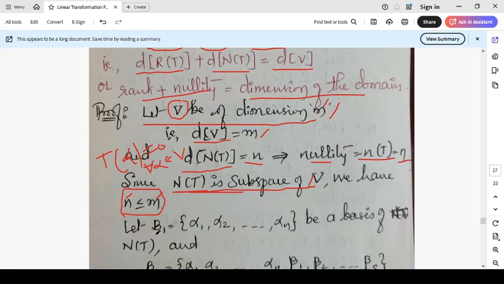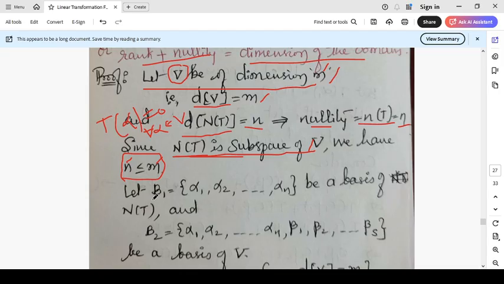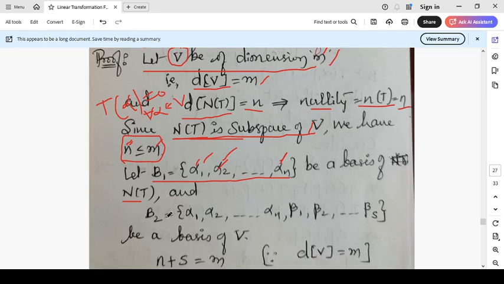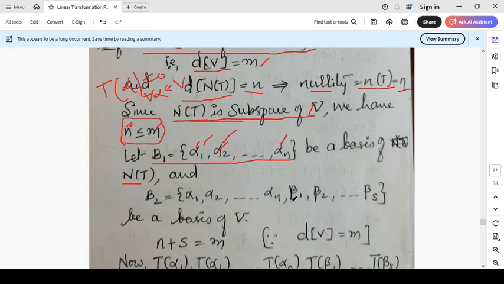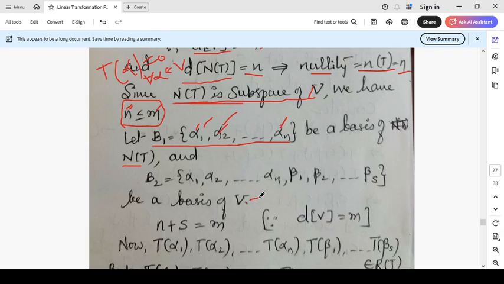So let us assume that B1 is a basis for N(T). The elements of B1 are alpha 1, alpha 2 up to alpha n, because the dimension of N(T) is n. So alpha 1, alpha 2 up to alpha n is a basis of N(T), and B2, which is alpha 1, alpha 2 up to alpha n and beta 1, beta 2 up to beta s, is a basis of V. Our ultimate goal is to prove that s plus n is equal to m, or n plus s is equal to m.